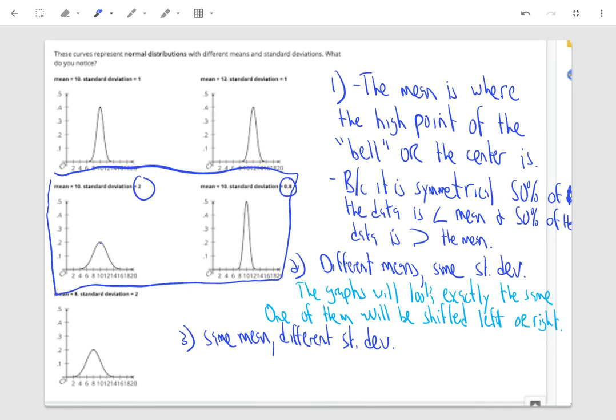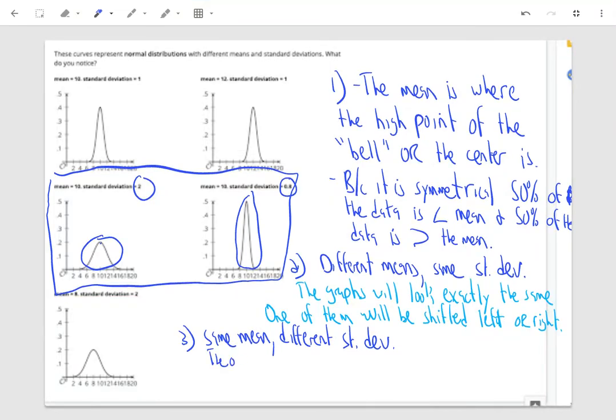This one has a standard deviation of 0.5. Okay, notice the one with the lesser standard deviation, the bell part of the bell curve is taller and narrower, and the one with the larger standard deviation over here is lower and spread out more. Okay, so that is the pattern here.